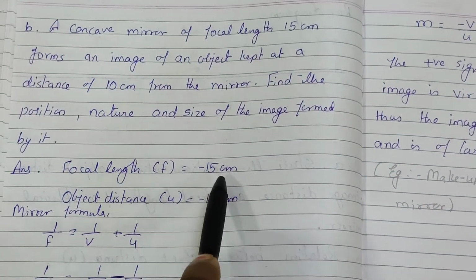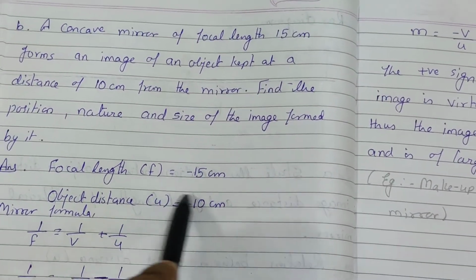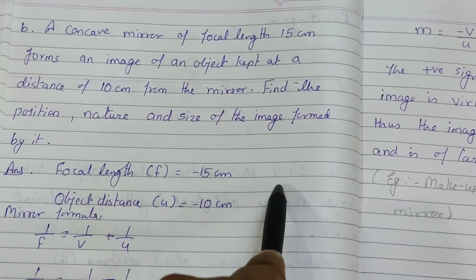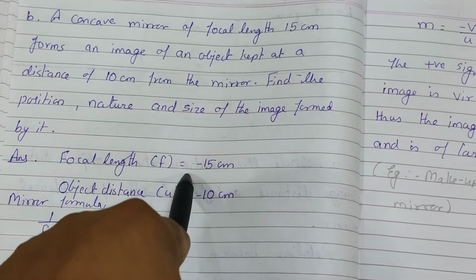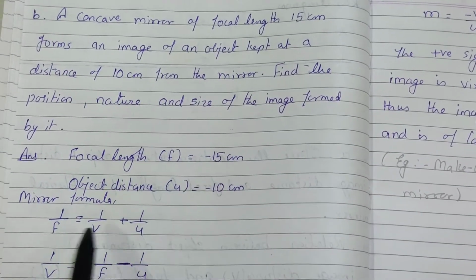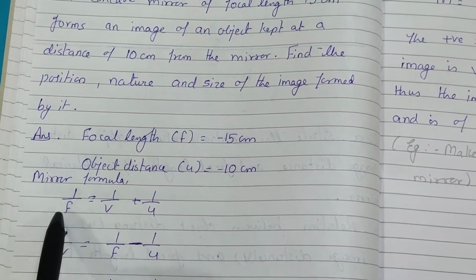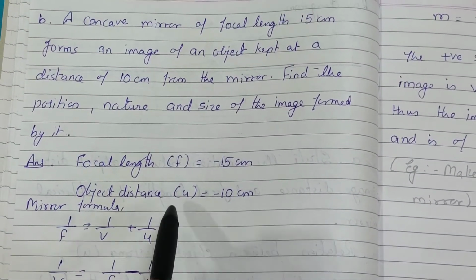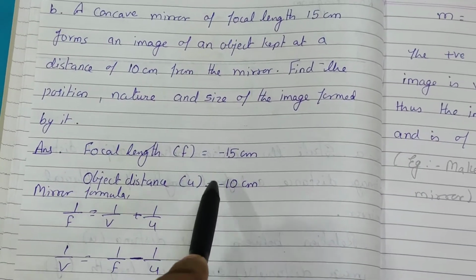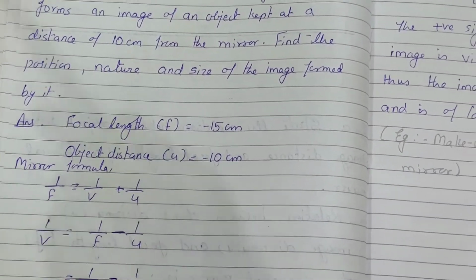For a mirror, whatever object is in front of the mirror, that will be negative. Focal length will also be taken as negative. Mirror formula 1/f equals 1/v plus 1/u. We have to find v. u is given, f is given.